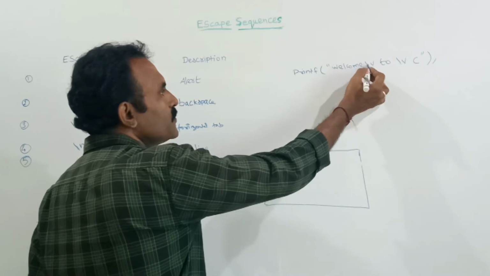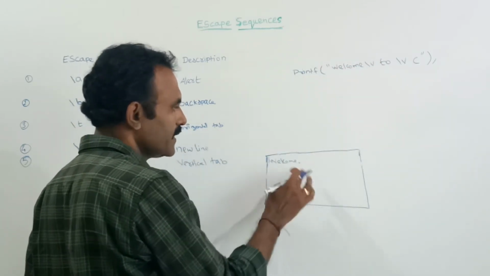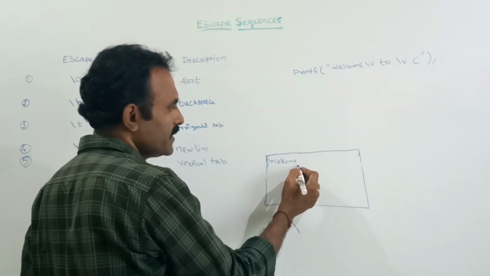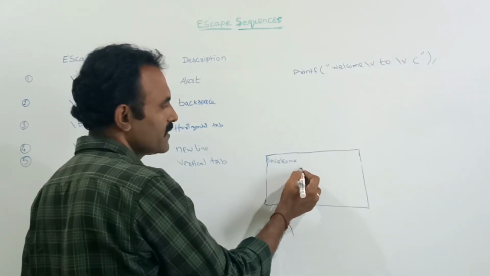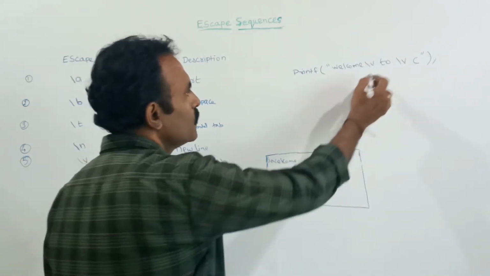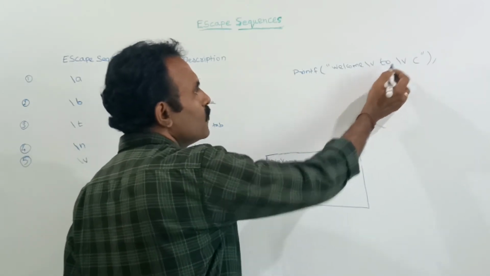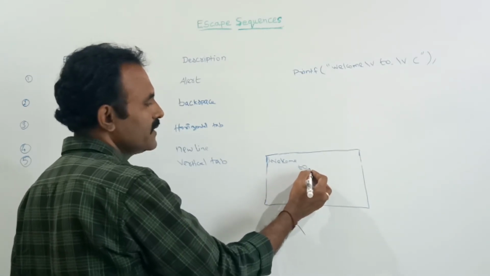Here I am using the \v, that means it will leave the space, and the cursor will go to the next line. From here, the current position after the E, it will display to, welcome to. Now the cursor is after the O, that is after the O of to.